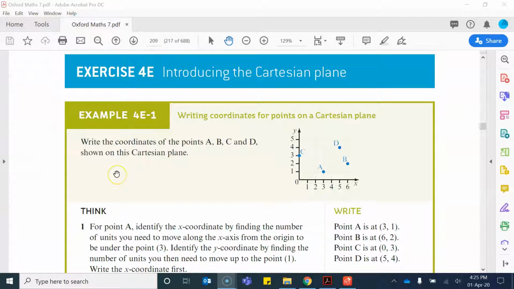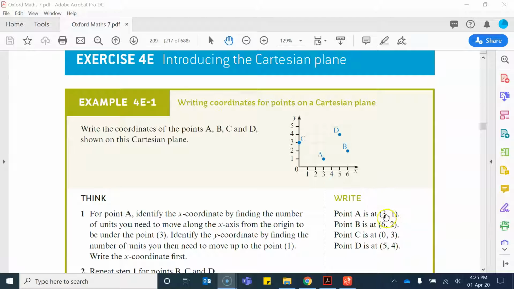This video will help us work through Chapter 4E related to introducing the Cartesian plane. So in class so far we've been looking at how we can describe different points on a Cartesian plane. Remember, these are called sets of coordinates, and the first value in a coordinate always tells us the x value of a point's location, and the second value always tells us where it is in terms of the y direction.